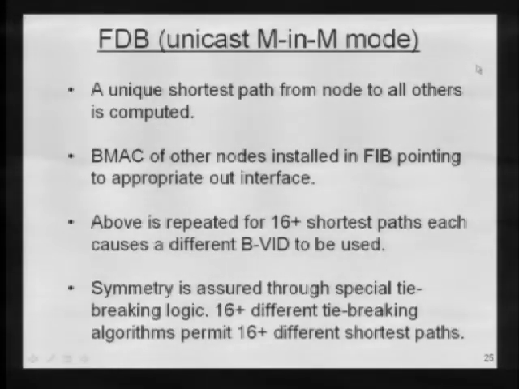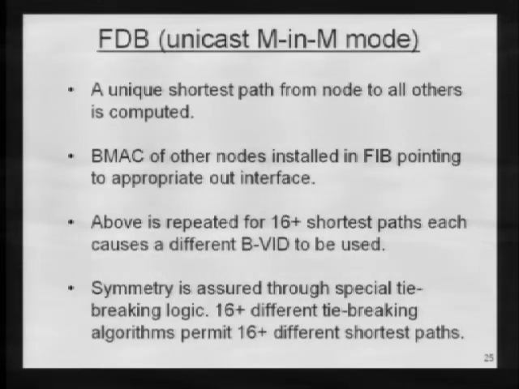The unicast transit is pretty straightforward. There's a unicast shortest path from a node to all the other nodes, and that's just computed using standard Dijkstra-type mechanisms. And the B-MAC, the box MAC address of each of those other devices, is installed in the forwarding database with the outgoing next hop appropriate for the shortest path to that device.